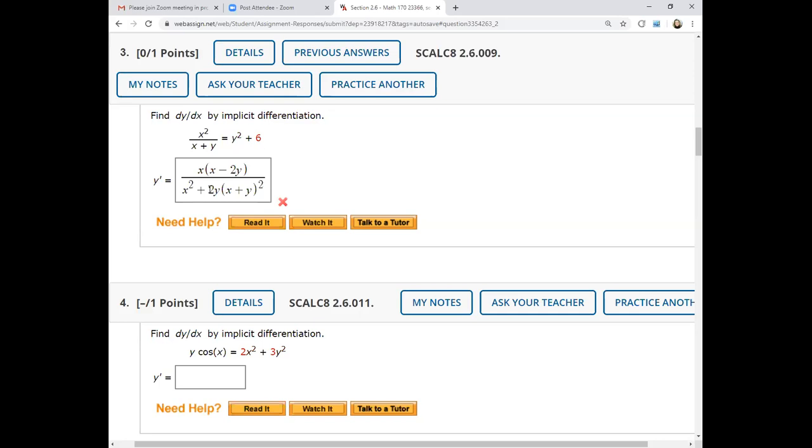The derivative of the denominator with respect to x is not a product, it's a sum. So the derivative of x with respect to x is 1, and the derivative with respect to x of y is dy dx.